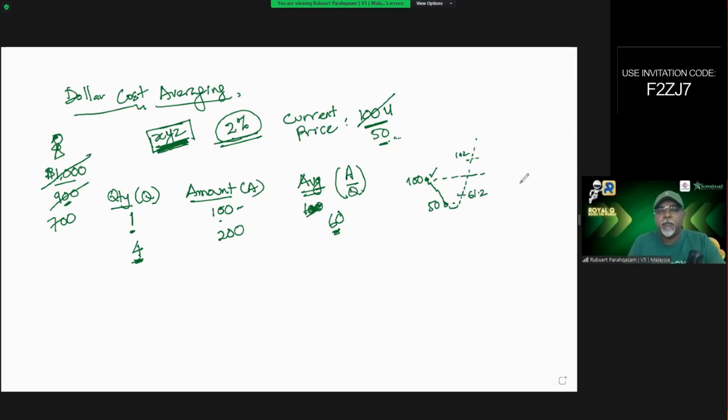And if I were to sell at 61.2, let me just show you this. This will be quite interesting. 61.2 times 5, because I've got 5 coins here, I would have received $306.